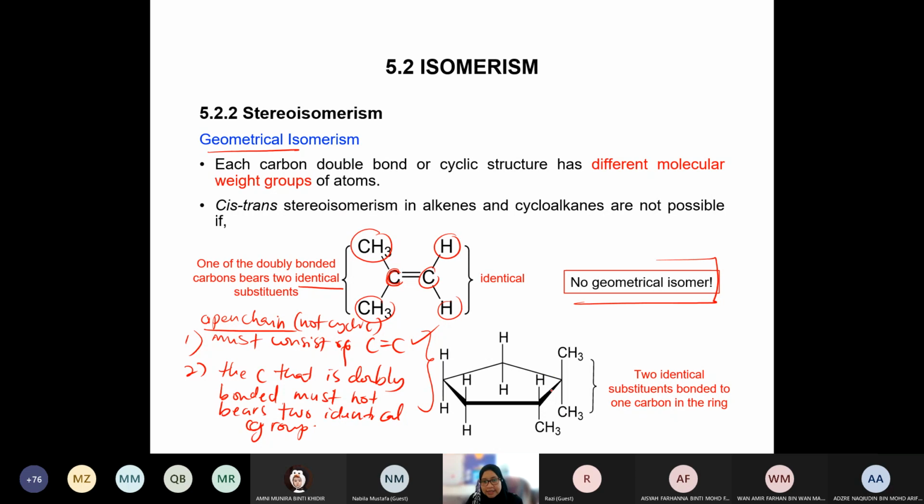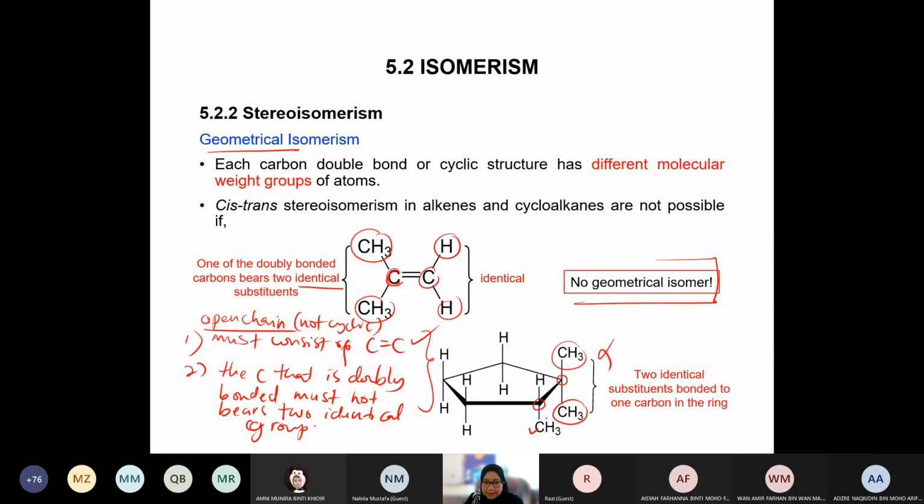How about for cyclic? Same goes for cyclic. Okay, alright, it needs to be cyclic. Maksudnya dalam bentuk ring. Then dia tak boleh pegang, dia tak boleh hold any of the carbon in the cyclic cannot hold ataupun cannot be attached to the same substituent ataupun group. See? Okay, we have this one dengan this one kan? Okay, CH3, CH3. No, dia tak boleh.